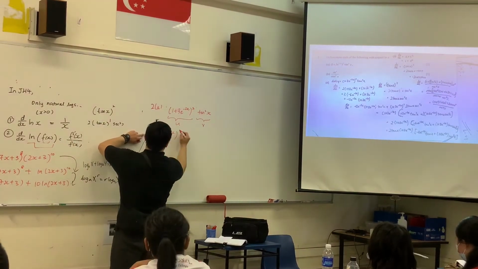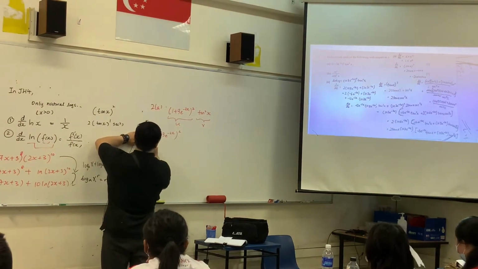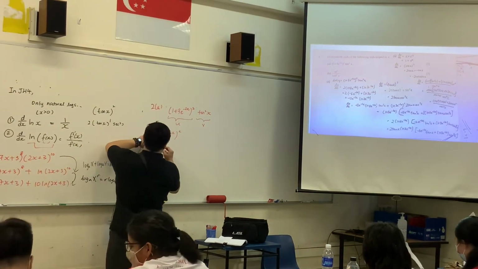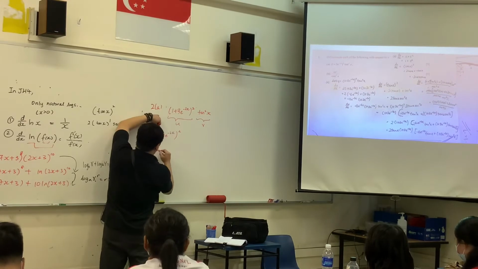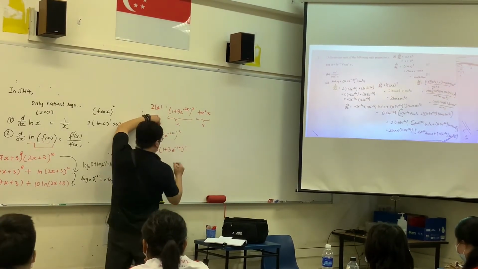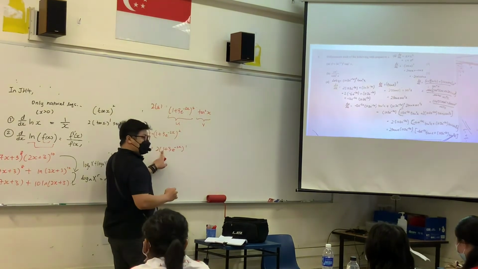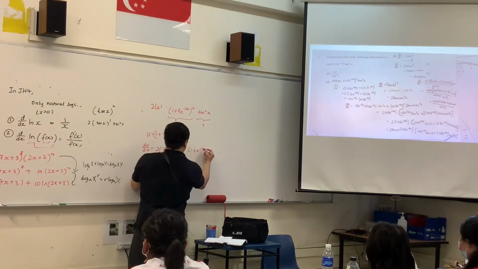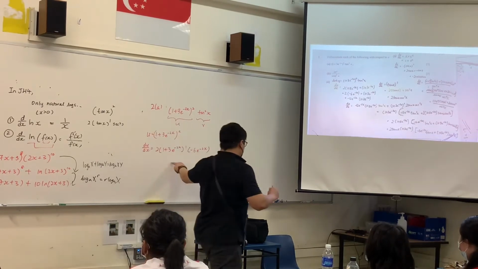If you arrange your things nicely, like your wardrobe, in the morning when you want to find your dress and shirt, it's very easy. Power goes in front, power drops by 1. Differentiate 1 is 0. Differentiate minus 2x gives minus 6e to the power minus 2x.